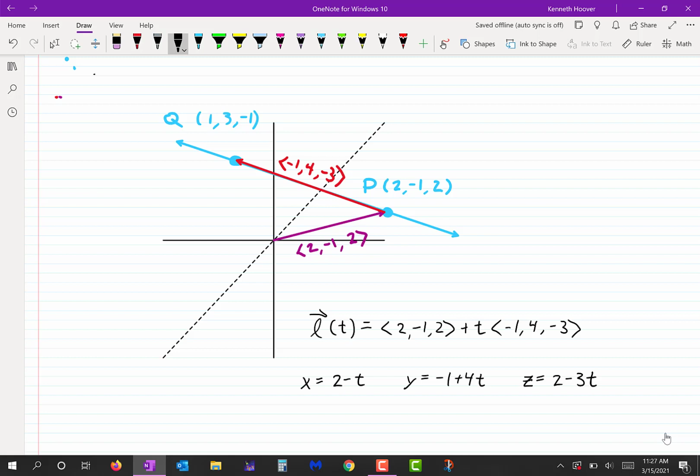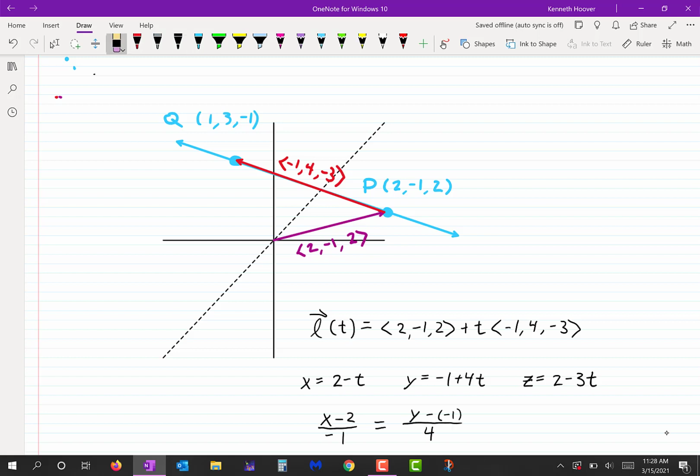What would be the symmetric equations for the line? The symmetric equations would be x minus 2 over -1 equals y minus -1 over 4.